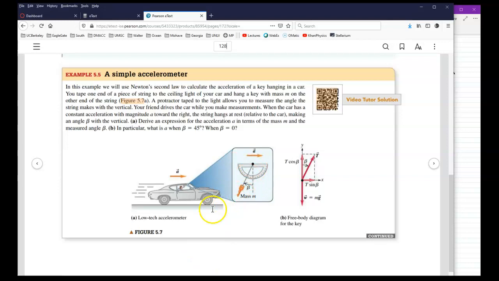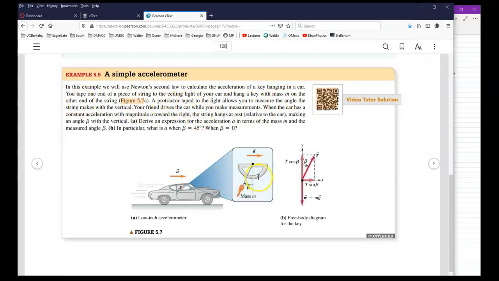See that? So the story here, basically, you have something hanging, a key, okay? And so the car moves forward when you push on the gas. The car moves forward. As a result of that, this thing moves backward like that, okay? Let me read that for you. He says, you tape one end of a piece of string to the ceiling light of your car and hang a key with mass M on the other end.